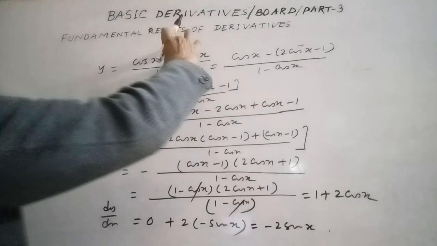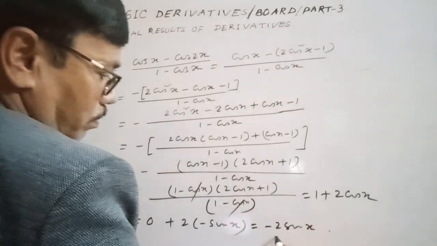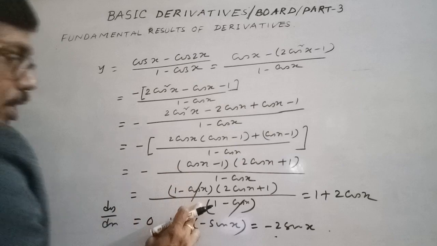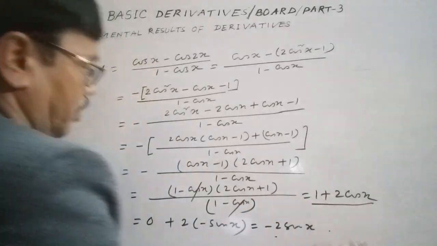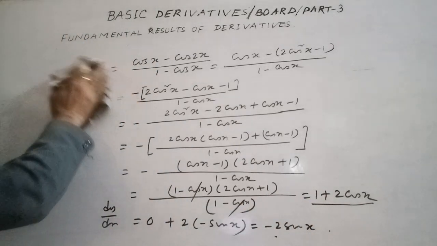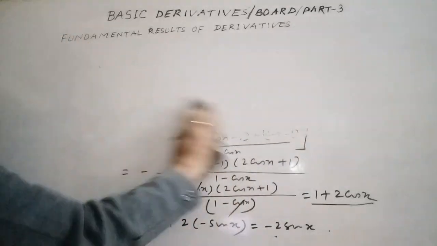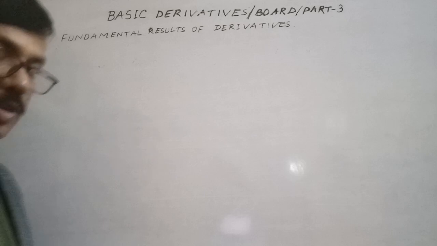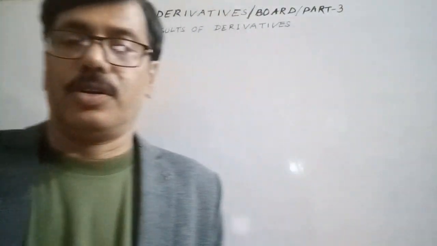So look, y equals this simplified form, cancel 1 minus cos x, it will be the simplest form, then perform derivative. So the main aim is to express the given function in terms of known functions.